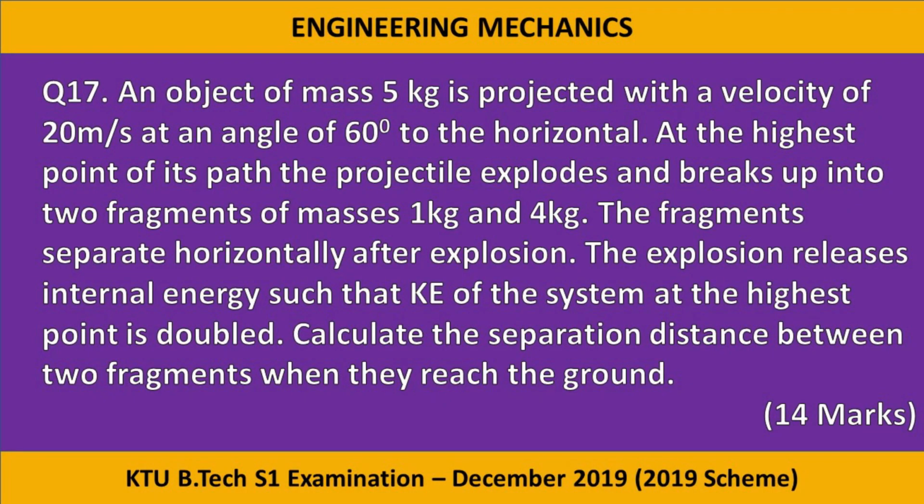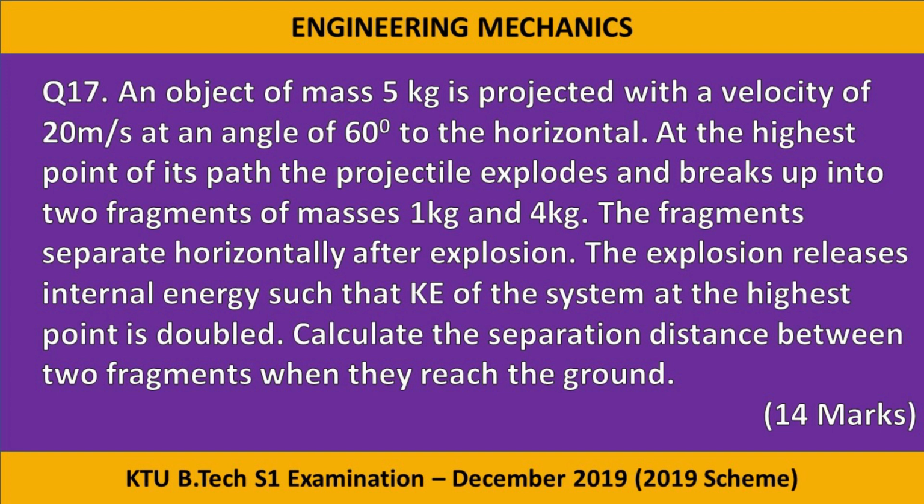An object of mass 5 kilogram is projected with a velocity 20 meter per second at an angle of 60 degrees to the horizontal. At the highest point of its path, the projectile explodes and breaks up into two fragments of masses 1 kilogram and 4 kilogram.